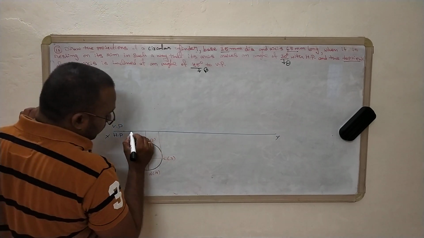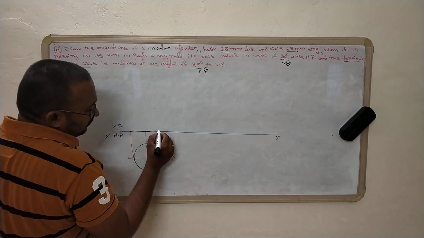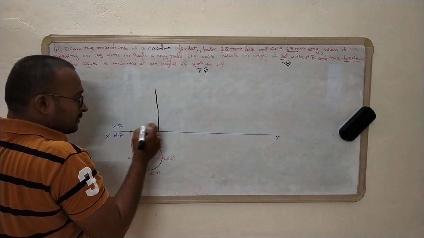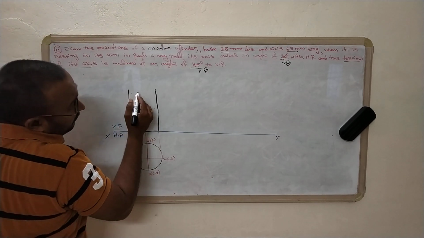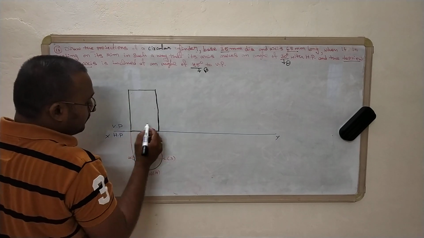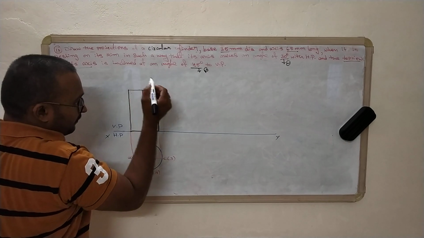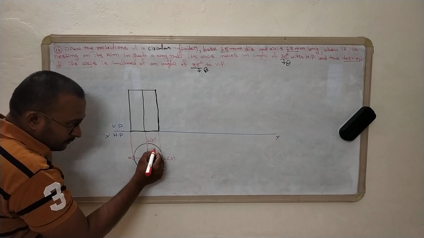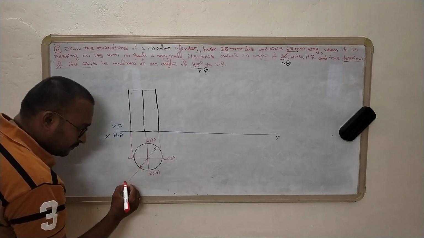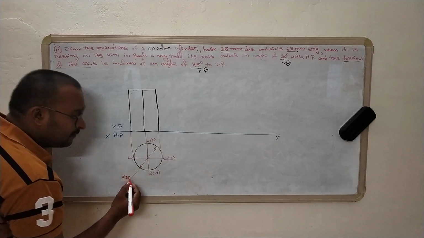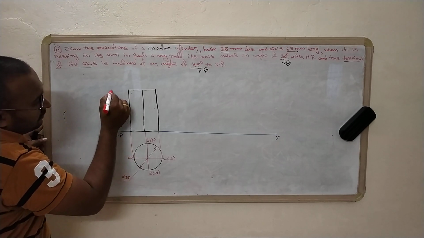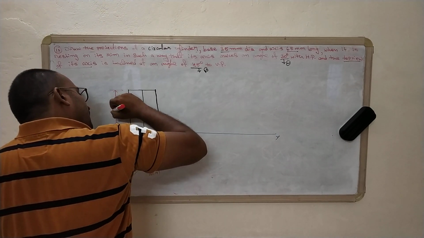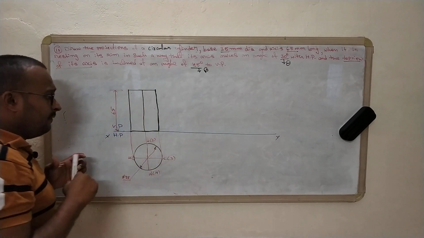Then here we will have a front view about the axis, 65 mm long, diameter 35, and then height 65.